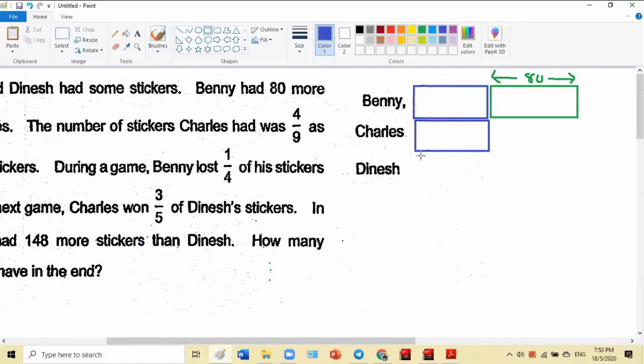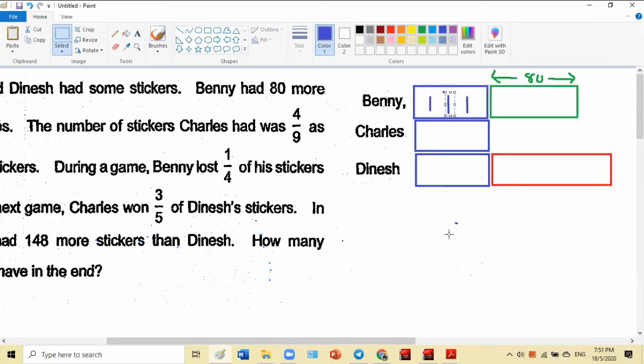You understand or not? Here got 4, and Dinesh got 9. That means I got to cut this into 4 boxes.